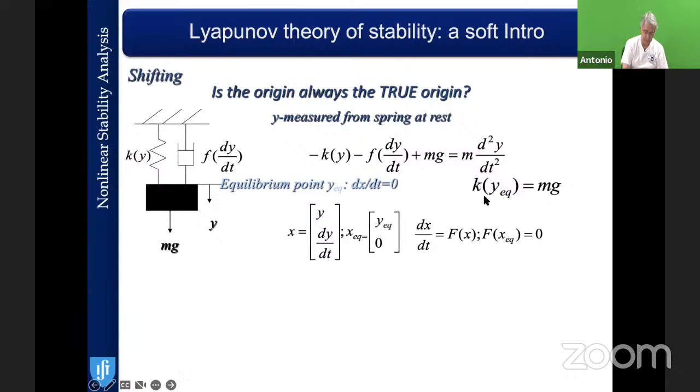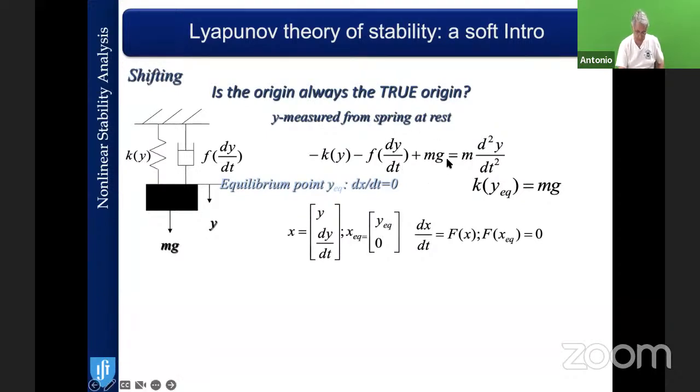If you write this in the form of a differential equation, you get the vector consisting of y and dy, because you have a second order equation. So you can strip it down and convert it into two. The equilibrium point is y is something, and the derivative is zero.